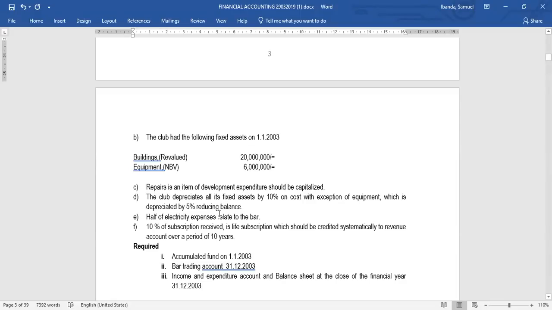Then they are telling us that half of the electricity expense relates to the bar. Now, when we are drawing up our bar trading account, we only record what relates to the bar.